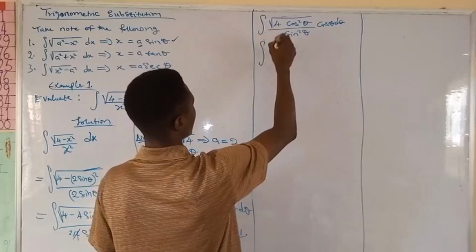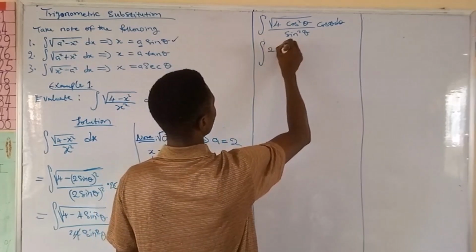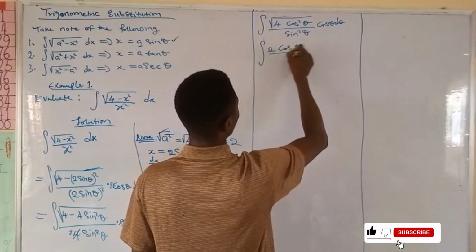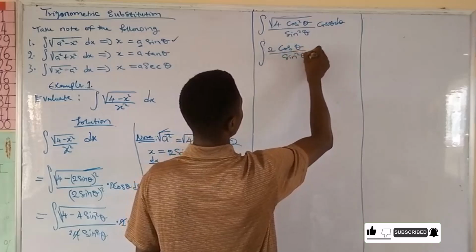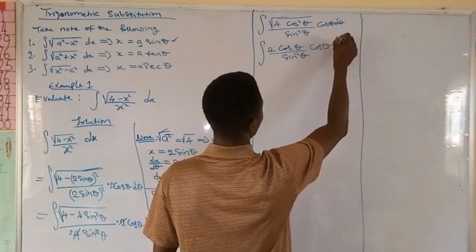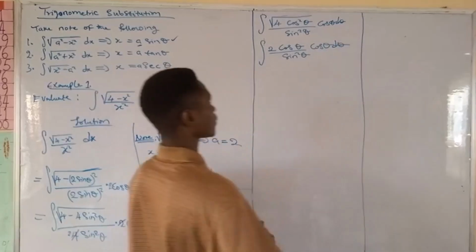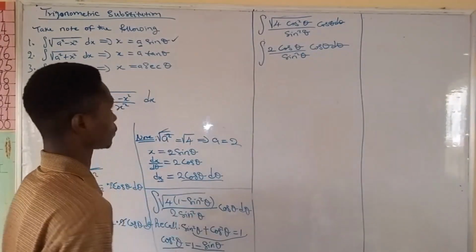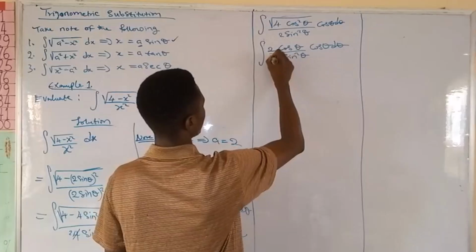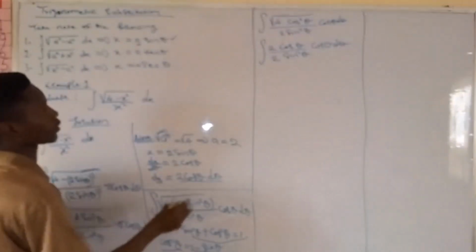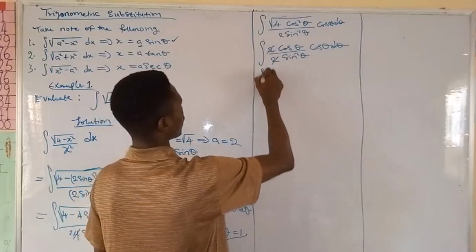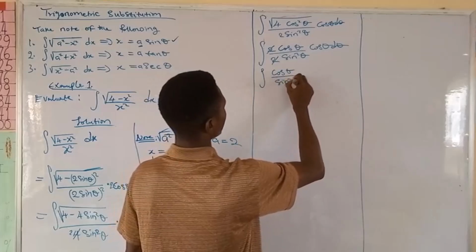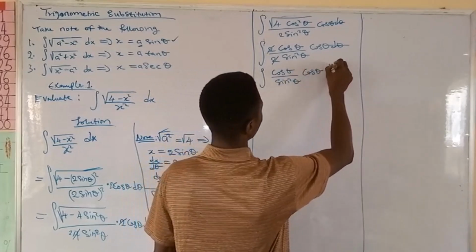The root of 4 is 2, and the root of cos square will give us only cos theta, all over sin square theta cos theta d theta. Okay? So at this point, we also have 2 here, sorry, from here. So this cancels this. We now have the integral of cos theta over sin square theta cos theta d theta.